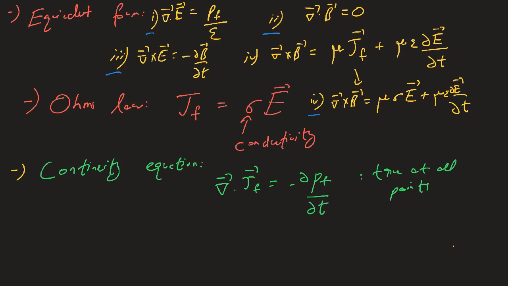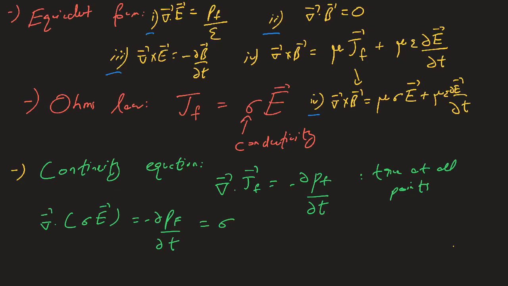So if you substitute jf is equal to sigma e in the continuity equation, what we get is that del dot sigma e, where sigma is the conductivity, is equal to minus partial rho f by partial t. But we know that del dot e is rho over epsilon, right?